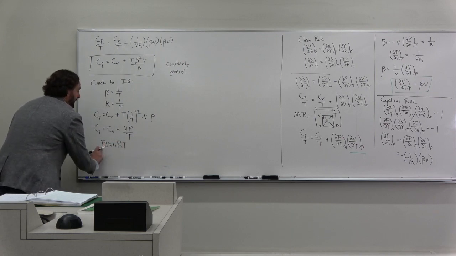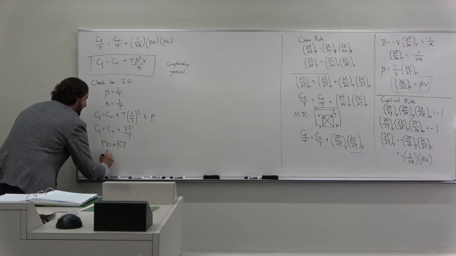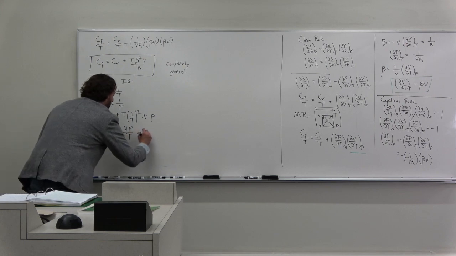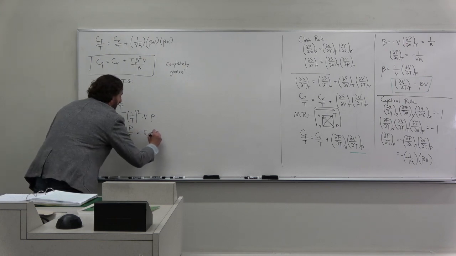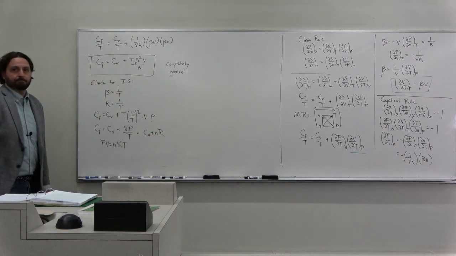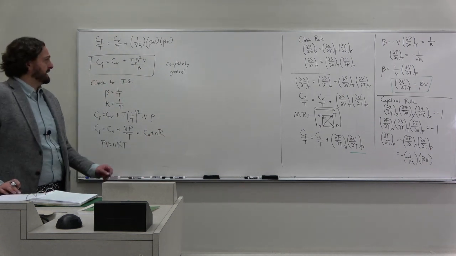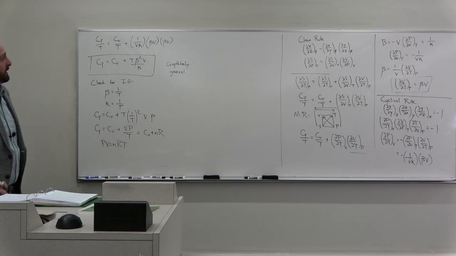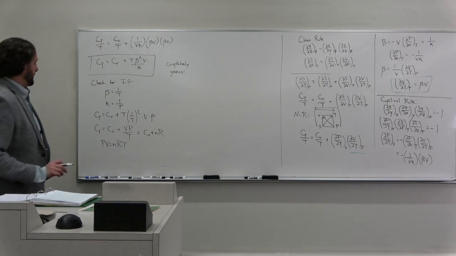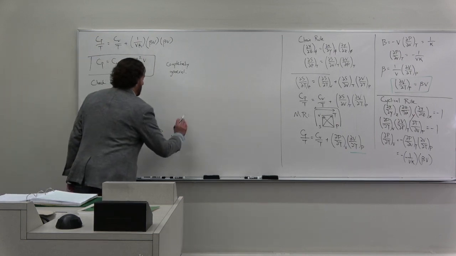So PV divided by T is equal to nR. So that's exactly our relationship that we got for an ideal gas. So that's good.